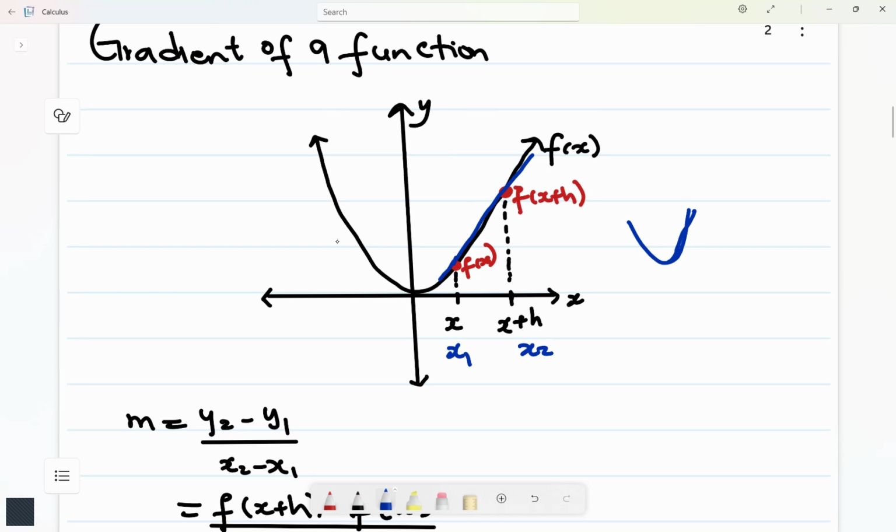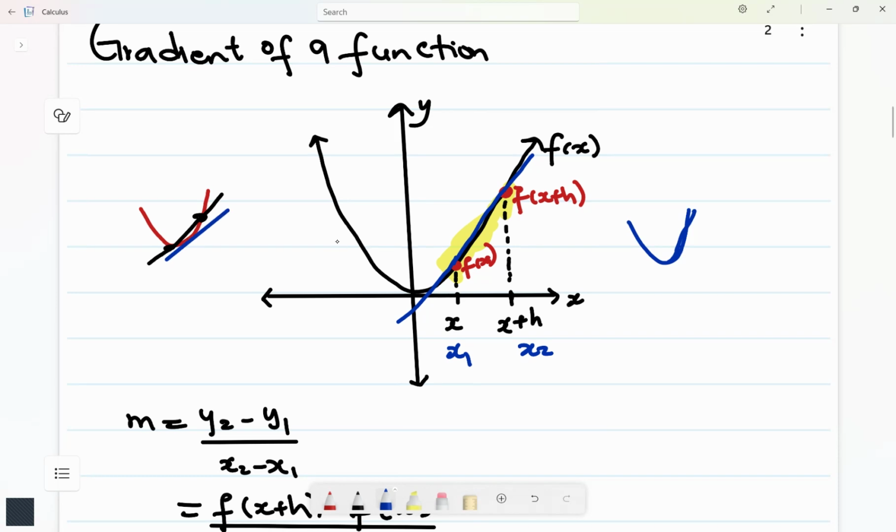If I were to draw that neatly, if I were to zoom out in this portion here, it is something like this. Can you see now? This is a secant line, but now we want to have a gradient of a tangent.